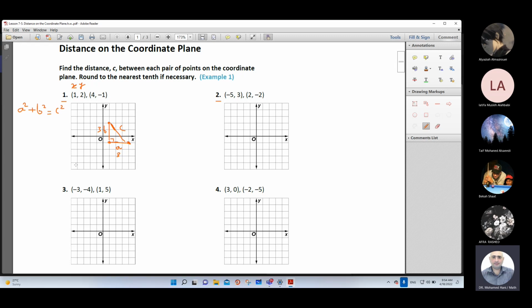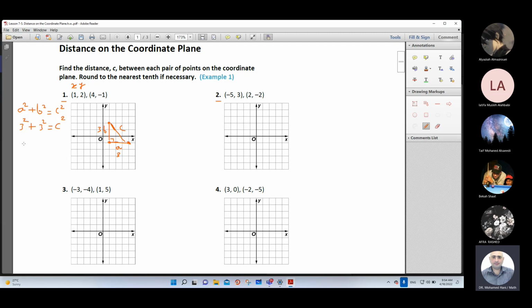Then substitute the values. a is 3, so 3 squared, plus b is 3 squared, equals c squared.